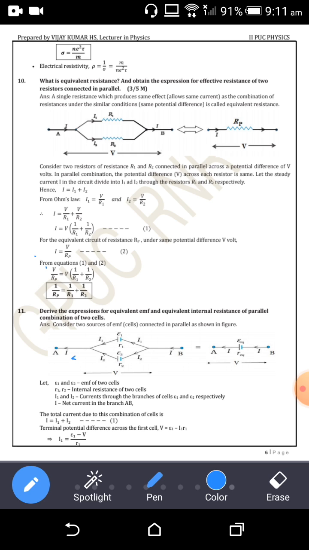By making use of the relation from the chapter current electricity, between the terminal potential difference, internal resistance, and the EMF of the cell, the equation is V is equal to E minus IR. Since we are applying this to the first cell, we write V is equal to E1 minus I1 R1.